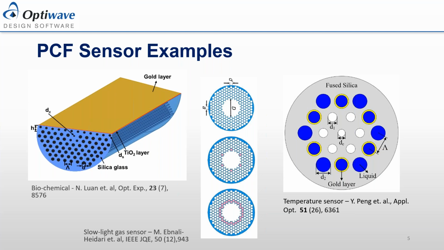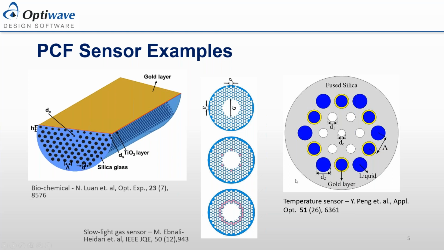That gold layer provides the means for plasmonic modes between the photonic crystal fiber and the gold layer. Any analyte that is put on top of the gold layer will change the plasmonic mode and therefore change the coupling between the fundamental core fiber mode and that plasmonic mode.